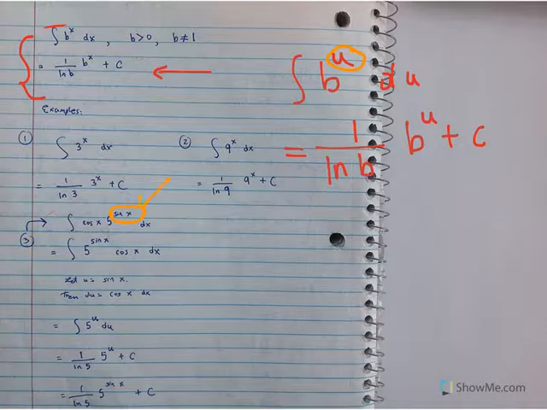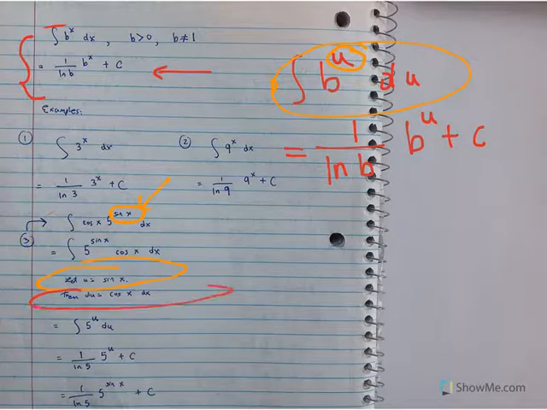The function in the exponent is sine x, so we're going to let u be equal to sine x. But does this work out? When we change variables, will we be able to get rid of everything that has x and convert everything to something in terms of u? Basically, will we be able to get this, or a constant multiple of this, after we do our change of variables? So you can see why we should let u be equal to sine x.